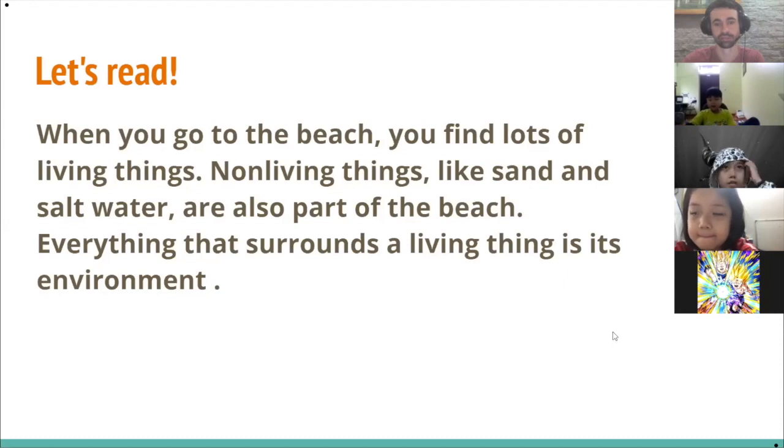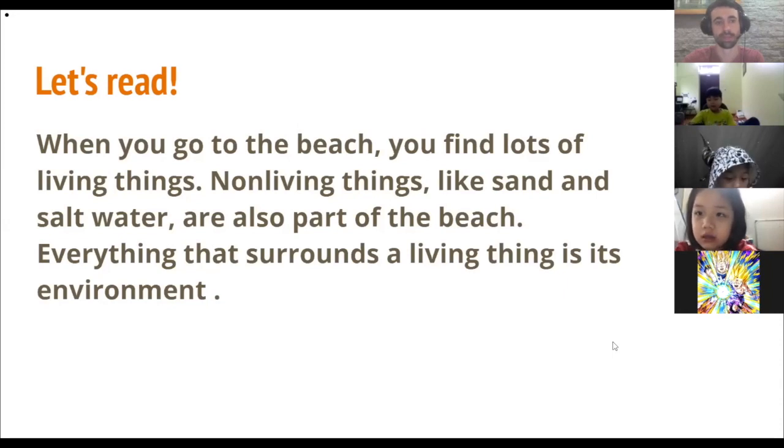Thank you. So what is the key vocab word here? I'll go over a few, and then I want you guys to find me the final one. Some of the key vocab words are non-living thing and living things. Who can find the other vocab word?